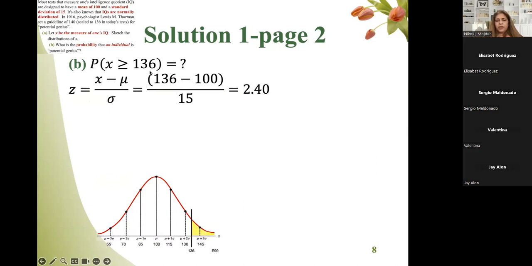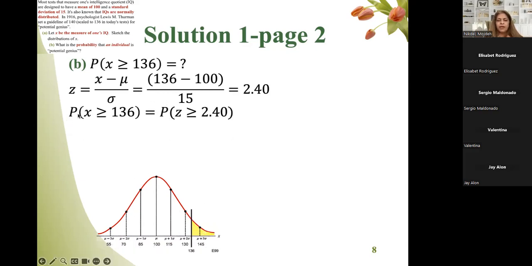I enter the expression exactly the way you see it: parenthesis 136 minus 100, close the parenthesis, divided by 15. Round your Z to 2 decimal places: 2.40.